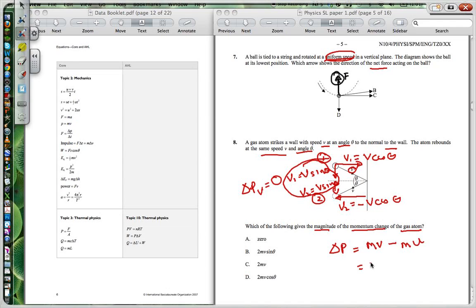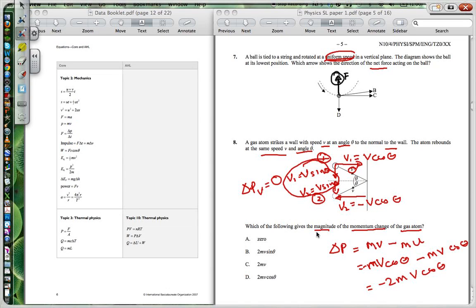So for our final, we're going to get minus mv cos theta, and then we're going to subtract mv cos theta. So we're going to get there minus 2mv cos theta.